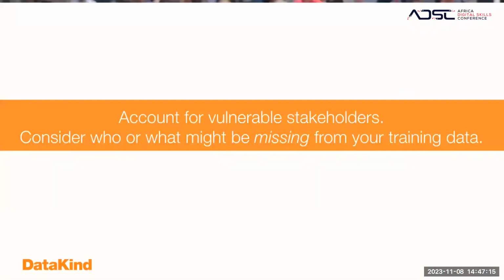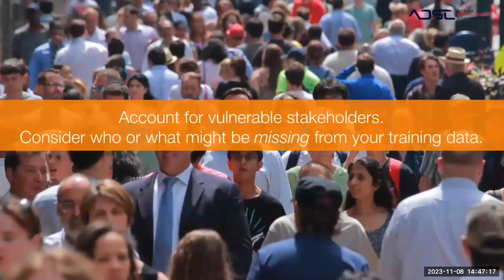ethics success. We account for vulnerable stakeholders and consider who or what might be missing from our training data. So systematically ask whether an algorithm directly or indirectly sorts and acts upon people according to social and political power. So who lives downstream from your data set? Are you unintentionally using historical proxies for race, class, or gender?